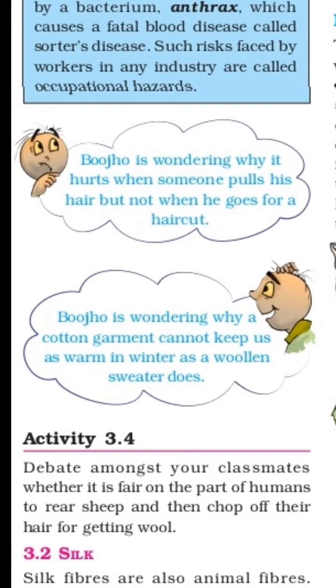We have to arrange one debate with students, and the point is whether it is fair on the part of humans to rear sheep and then chop off their hair for getting wool. We will arrange this when school starts. Up to this we covered, and the remaining part we will see in the next period.